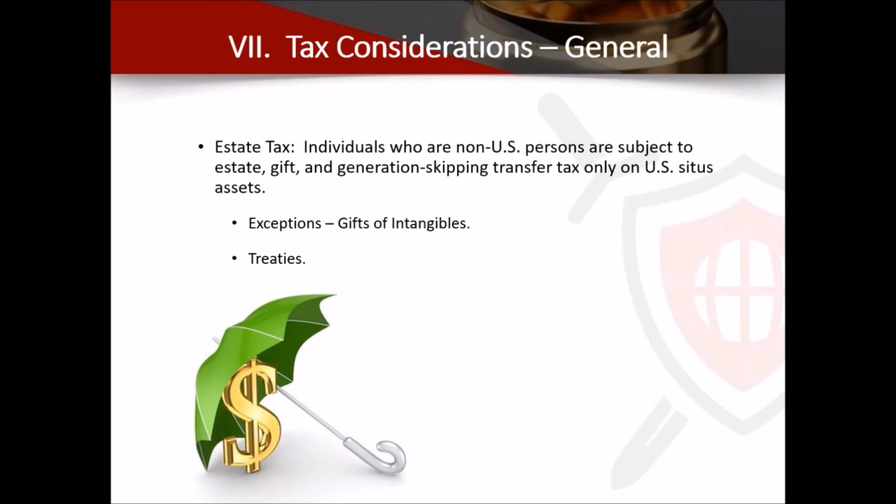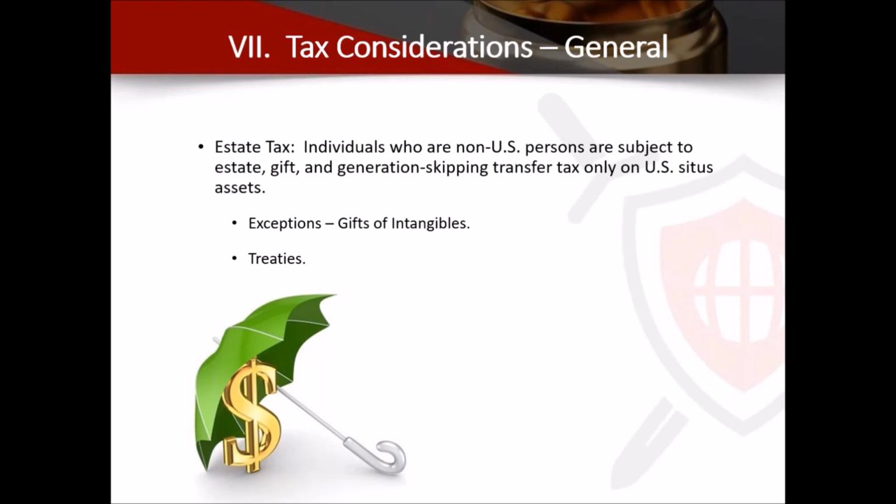Yeah. From the estate tax side, as we discussed before, this is where a lot of individuals that are non-resident aliens can really get hit with assets in the United States. So even though intangibles can be bought and sold with no income tax during life, if you die with them and you own them individually, you have a problem, because individuals that are non-resident aliens only get a $60,000 exemption.